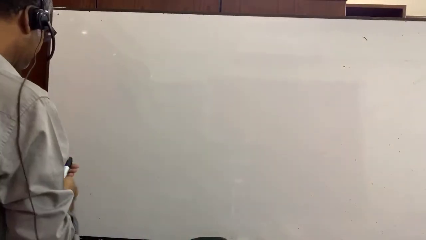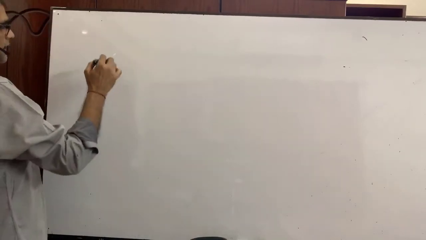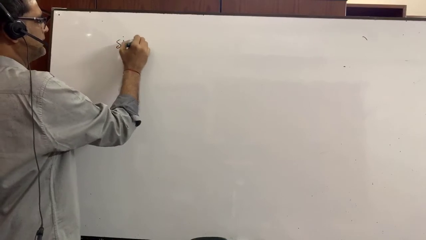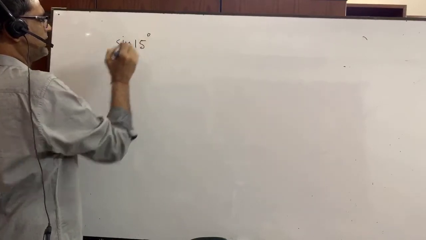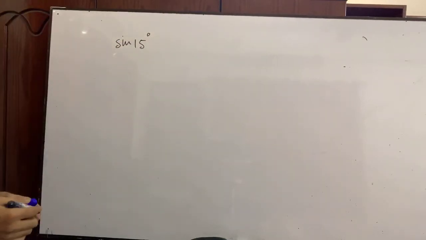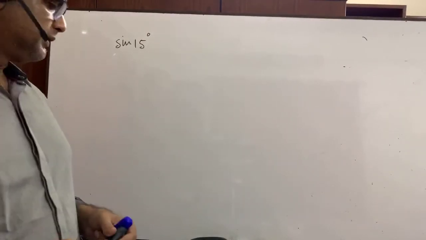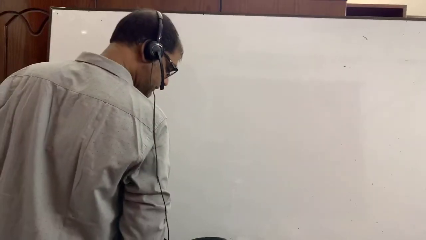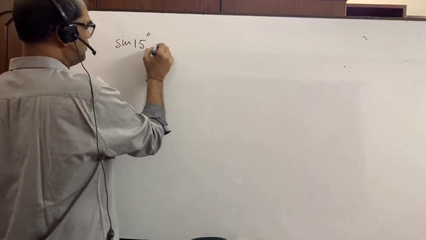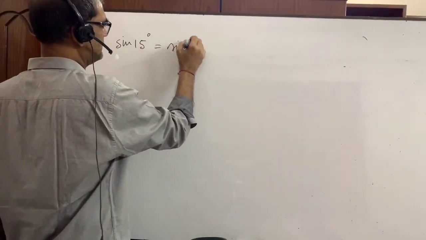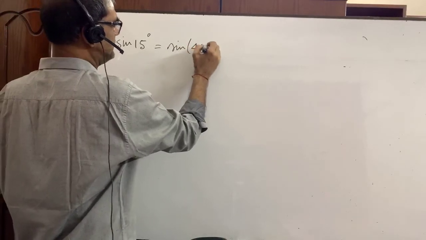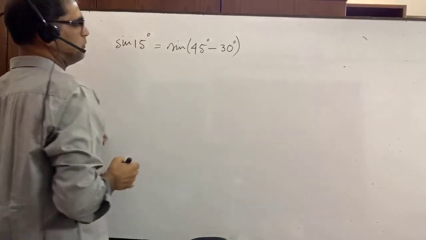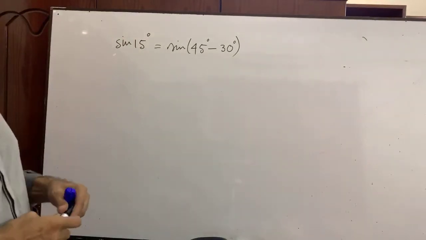The maths are like this. You see, suppose you have to find the value of sine 15 degree. The value of sine 15 degree, that means it is equal to sine of 45 degree minus 30 degree, right?